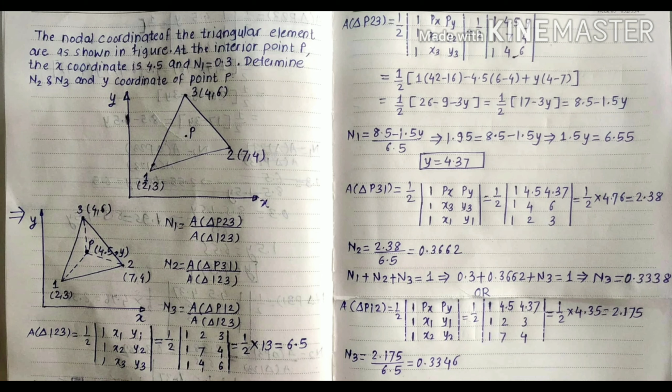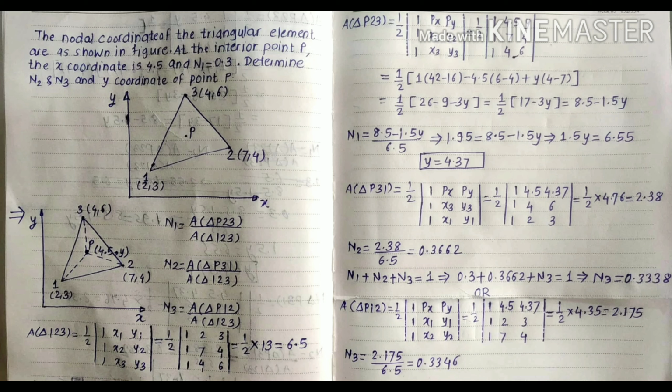So I will calculate its mod, or basically determinant. So is equal to 1 by 2 into bracket 1 into, first row, first column will be cancelled. So what is remaining is 7 into 6, that is 42, minus 4 into 4, that is 16, minus 4.5 into, first row, second column will be cancelled.